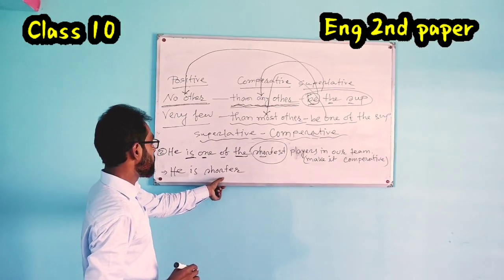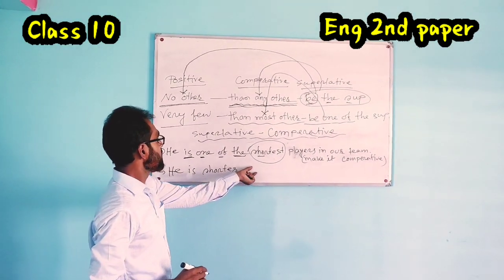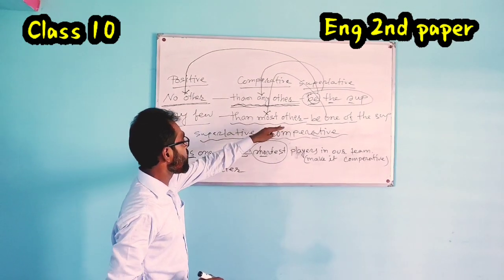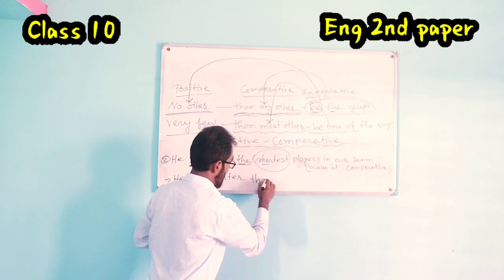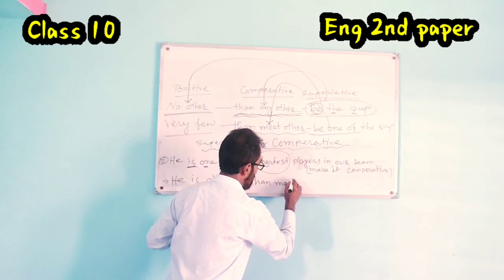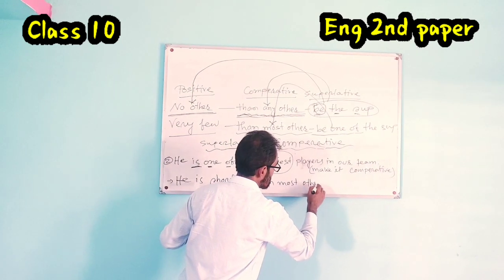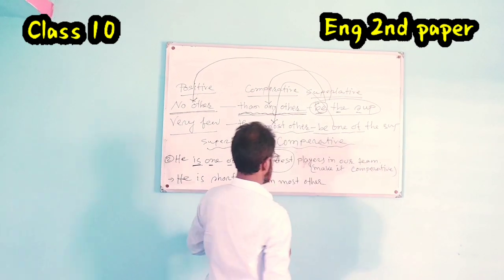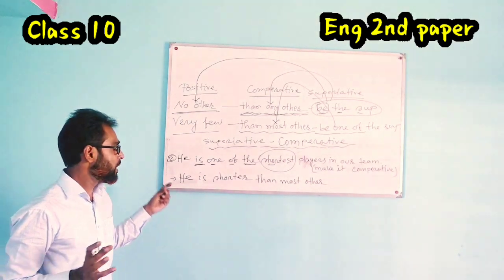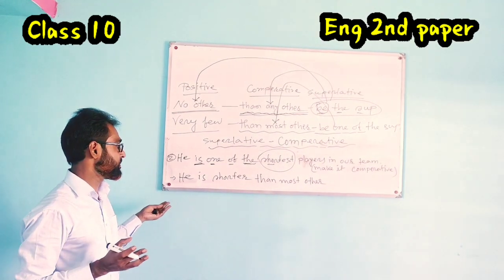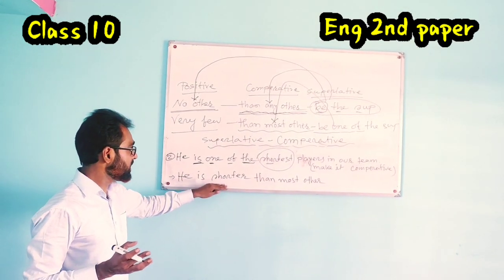Now we have to use "than most other". He is shorter than most other. Okay, now what will you do? How can we complete the sentence?